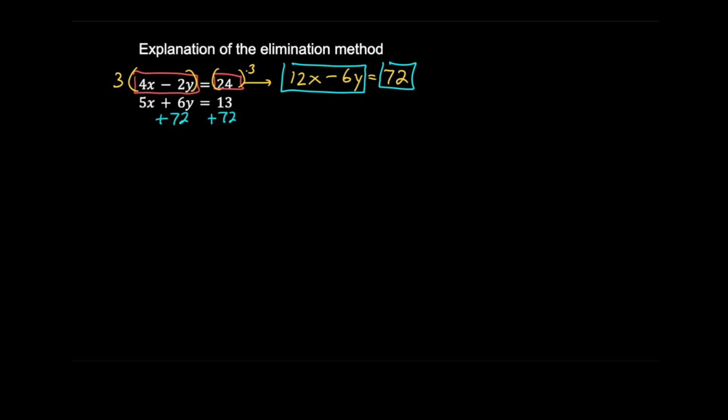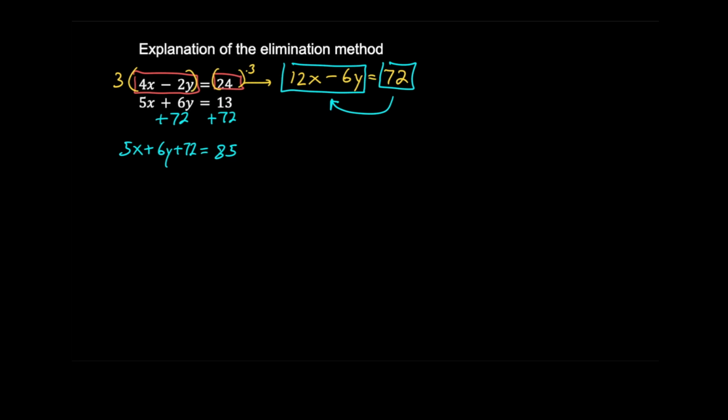Okay? Now, when I add 72 to the right side, it's pretty simple because there's a number on the right side giving me 85. On the left side, when I add 72 as is, that's not very helpful. And in fact, it doesn't get rid of any of the variables. So we want to use 72 in a different way. We don't want to add 72. We want to add what's equivalent to 72, which according to our equation is 12x minus 6y.